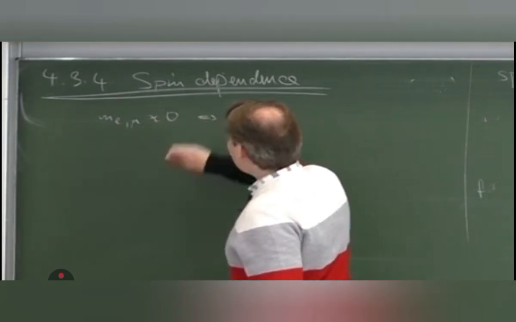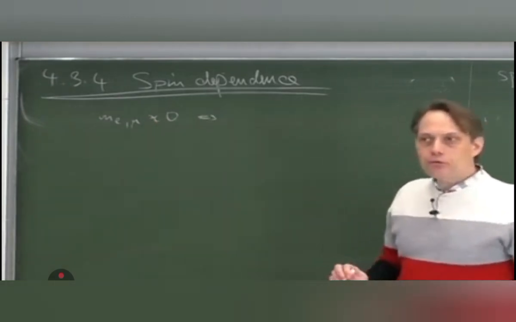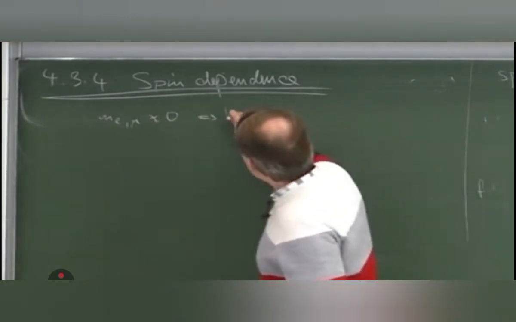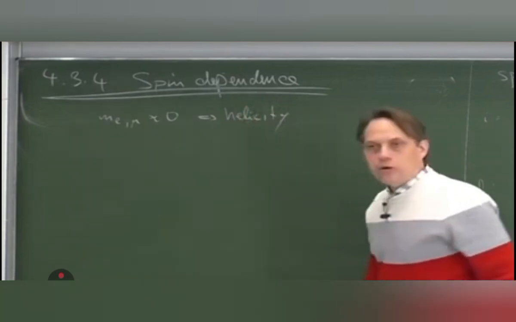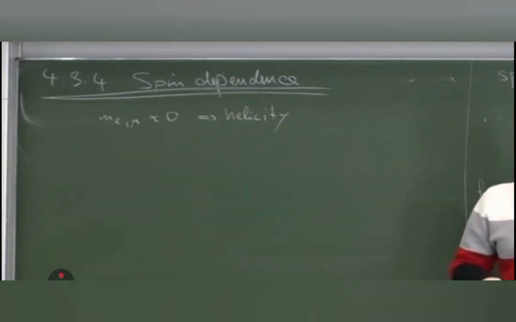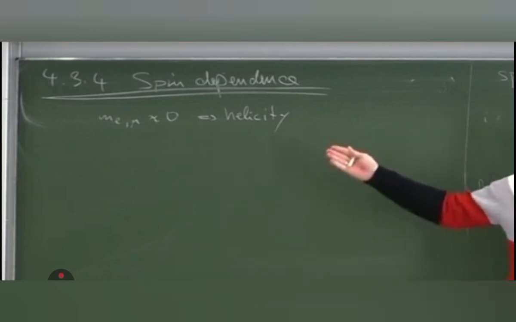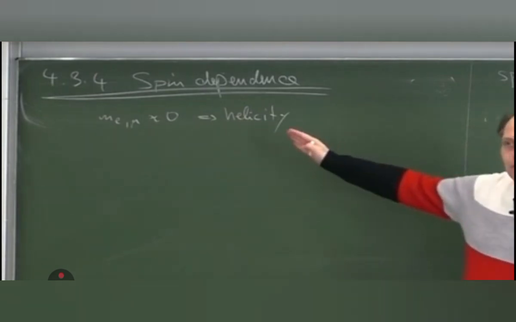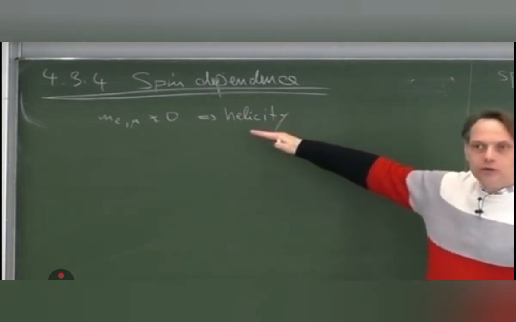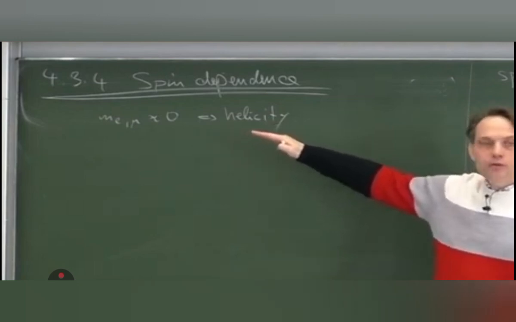In that massless limit, there is a new physical phenomenon appearing, namely the concept of helicity, which is the spin in the direction of motion. And the helicity of our electrons and muons can be plus or minus 1/2, of course. But in the case of a massless particle, helicity becomes a Lorentz invariant quantity.